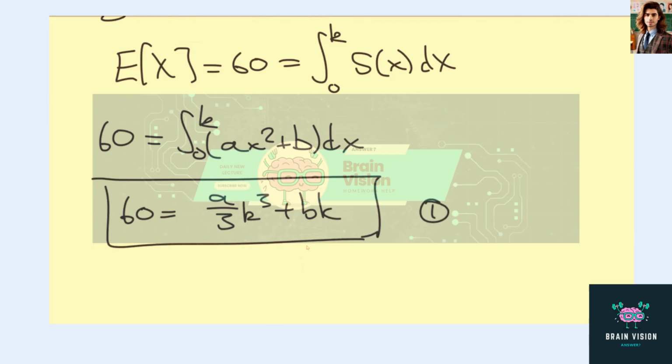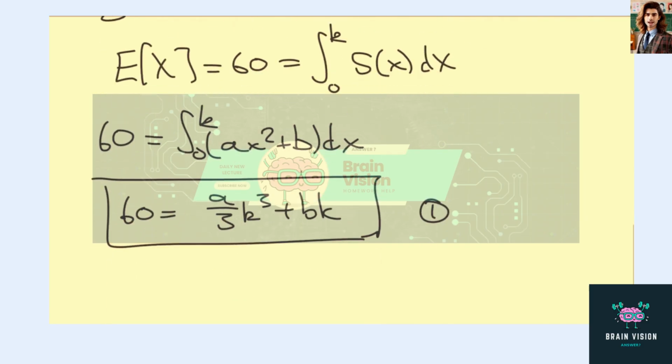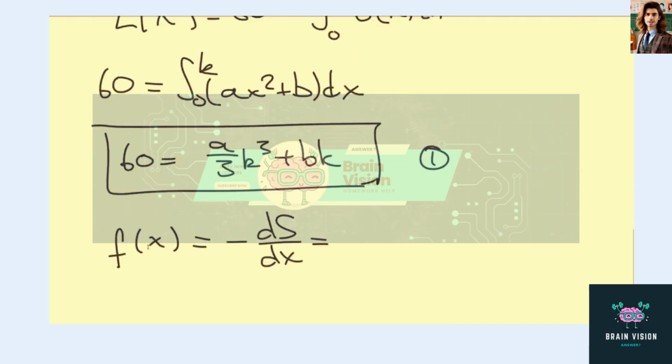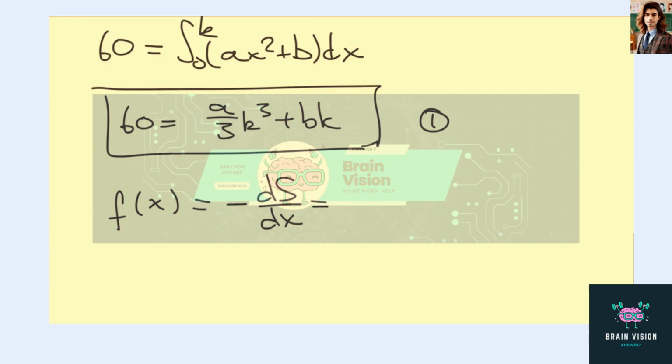But now we also need to do a little bit more work. So the probability density function is minus dS by dx. So this is going to be minus 2ax.